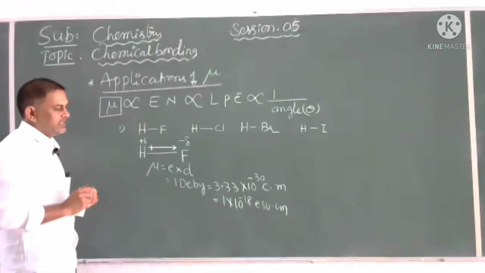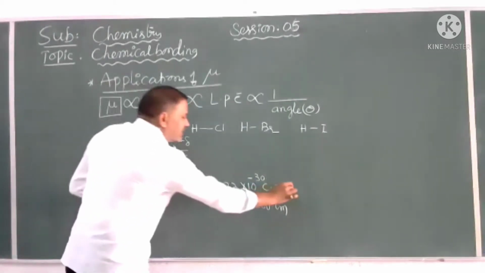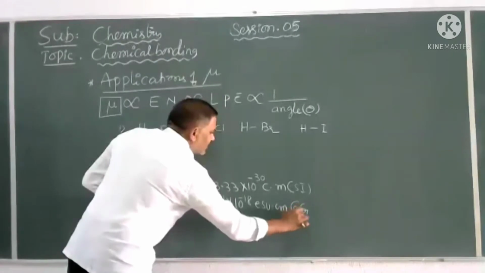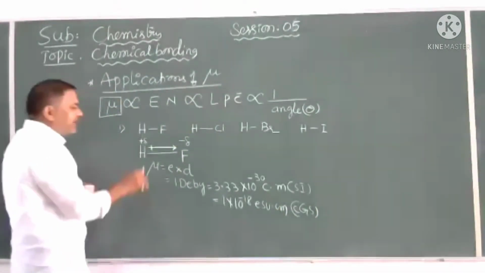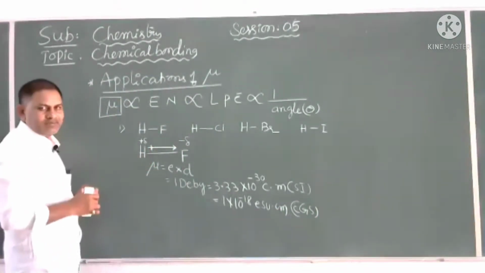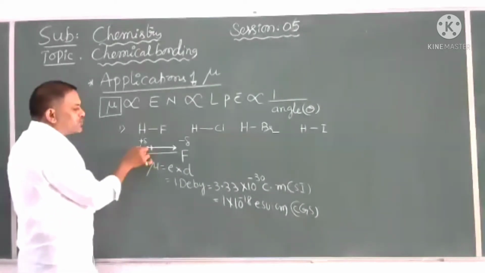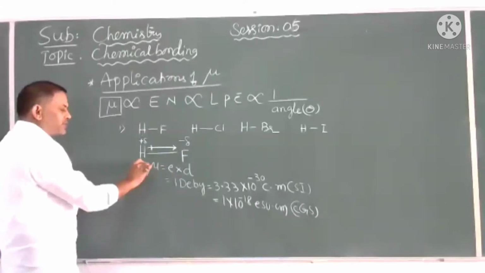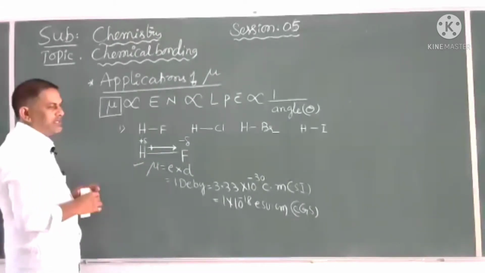This is in the SI system, and this is in the CGS system. It is a vector quantity because it depends on both direction and magnitude. Definition and units were explained in the last class.